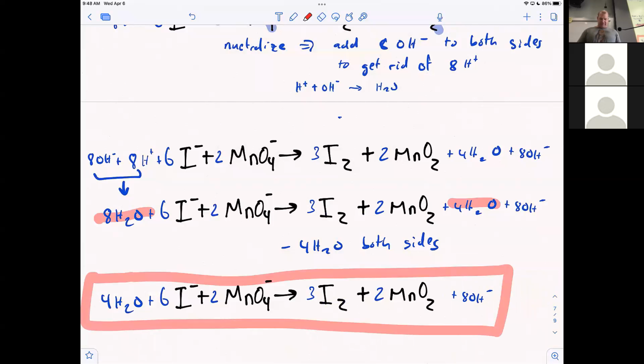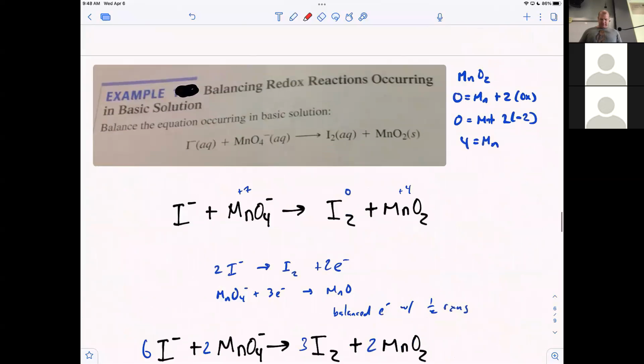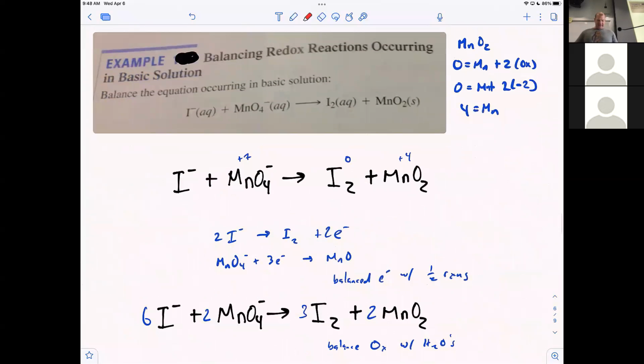Okay, recap for this one. Balance this equation in an alkaline, basic solution. First things first, get the oxidation states. Manganese is +7 in permanganate, and calculated out for manganese dioxide, it's +4.